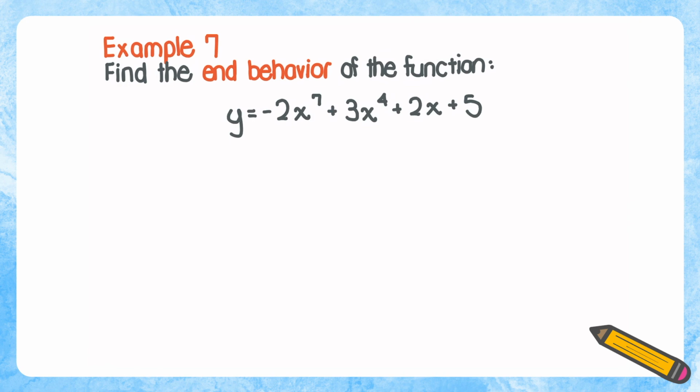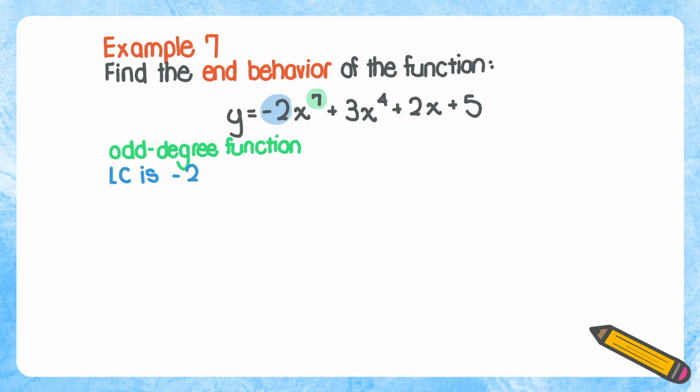The highest degree here is 7, which is an odd number, so I have an odd degree function. I'm going to have different end behavior on each end. And then my leading coefficient is negative 2. So what does a negative leading coefficient imply?